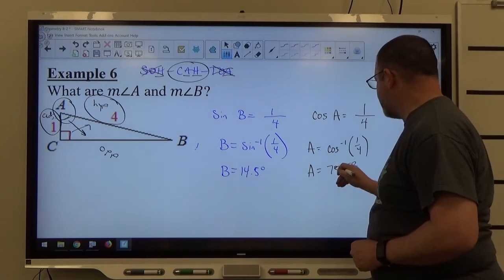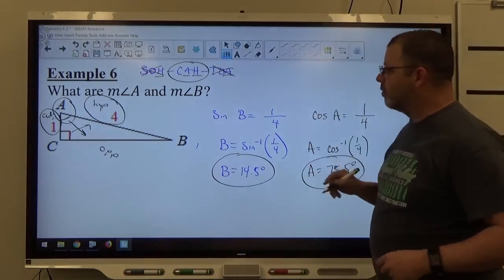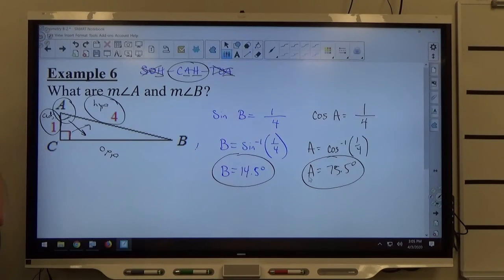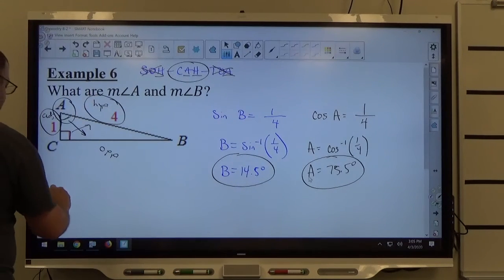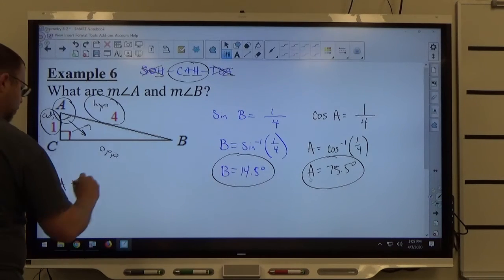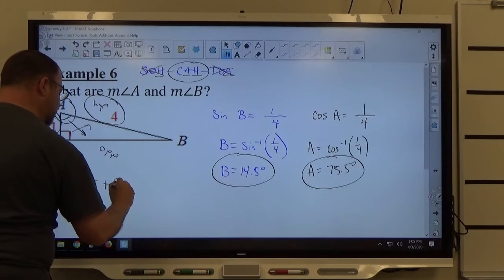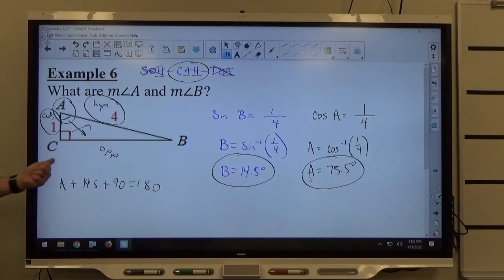So that is a technique for finding it. The other technique for finding it, so now we got both answers, but once we knew what B equaled, keep in mind that A plus B plus C equals 180, right? So A, which is what we didn't know, plus B, which is 14.5, plus C, which is 90, is equal to 180. Once you get two angles of the triangle, you can always use just basic subtraction to find the other angle.